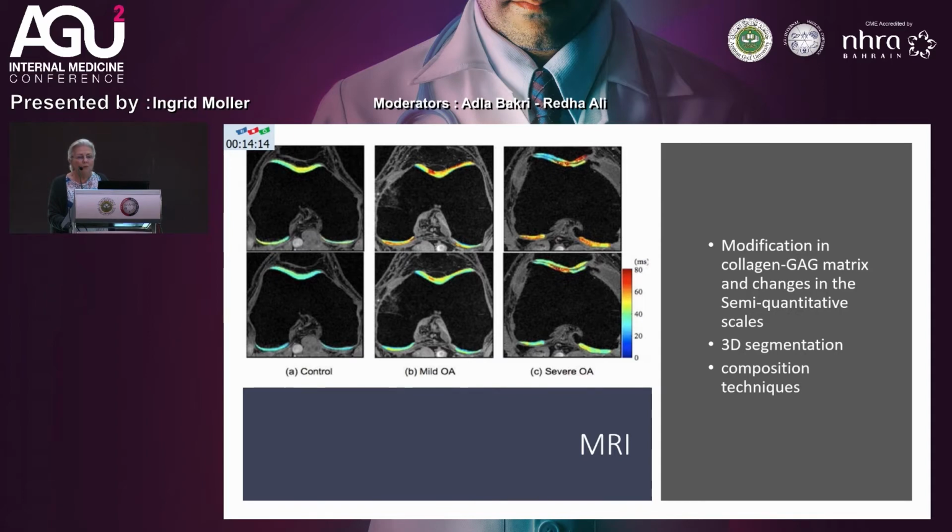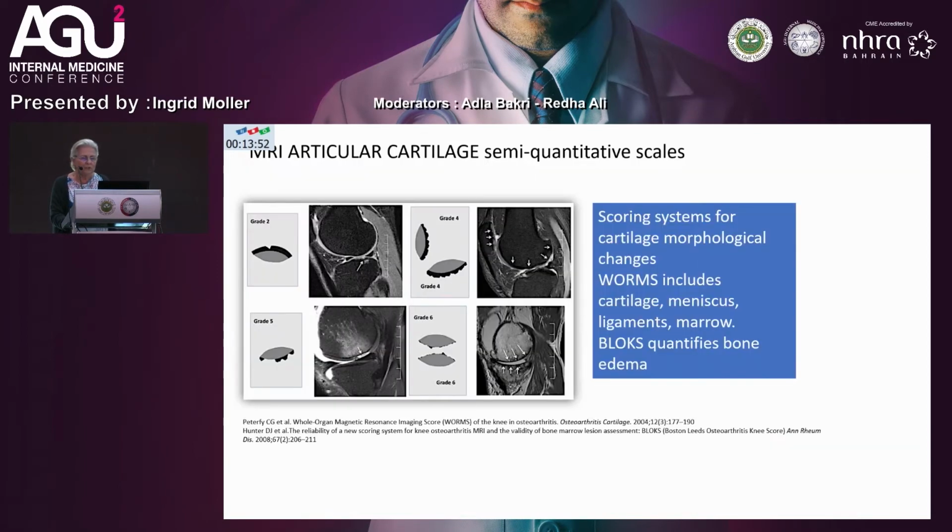So what about MRI? We have possibilities with MRI to see modification in collagen and glycosaminoglycan matrix, and changes that can be evaluated by semi-quantitative scales. We have also other techniques, 3D segmentation and composition techniques.